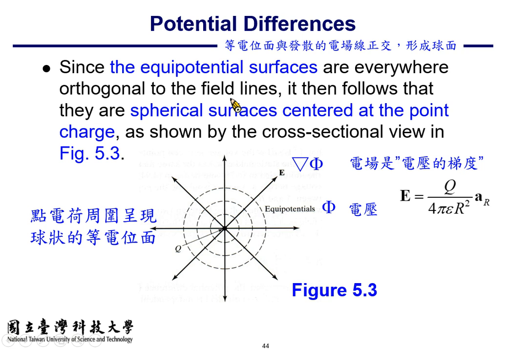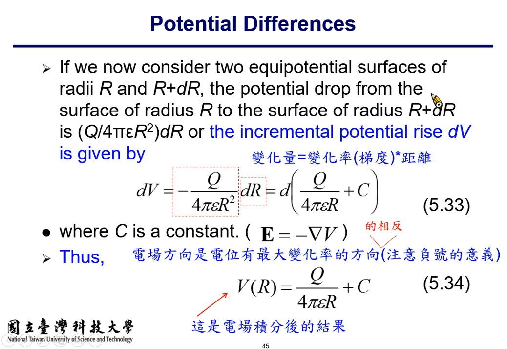Also, the electrical field intensity can be expressed as the negative of the gradient of phi. So actually, we can find the electrical scalar potential phi using the integration of E, right? So let's try to do this.